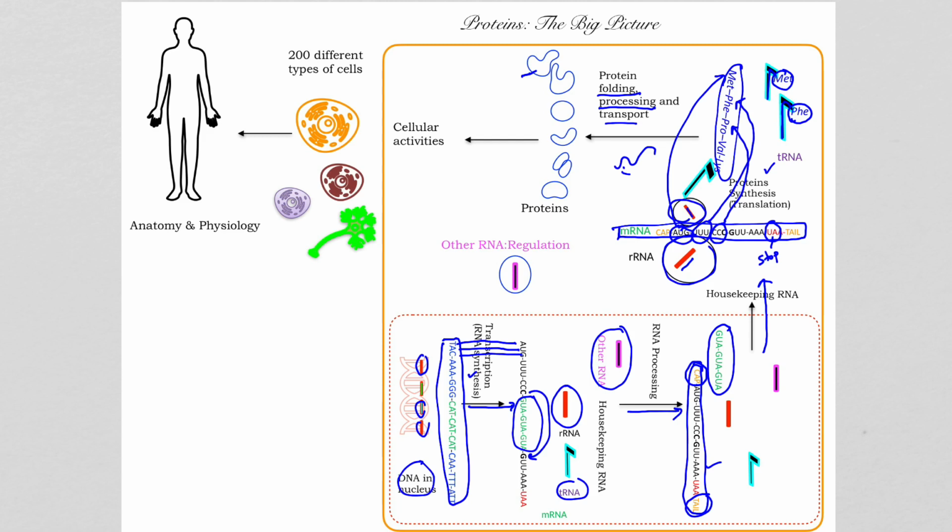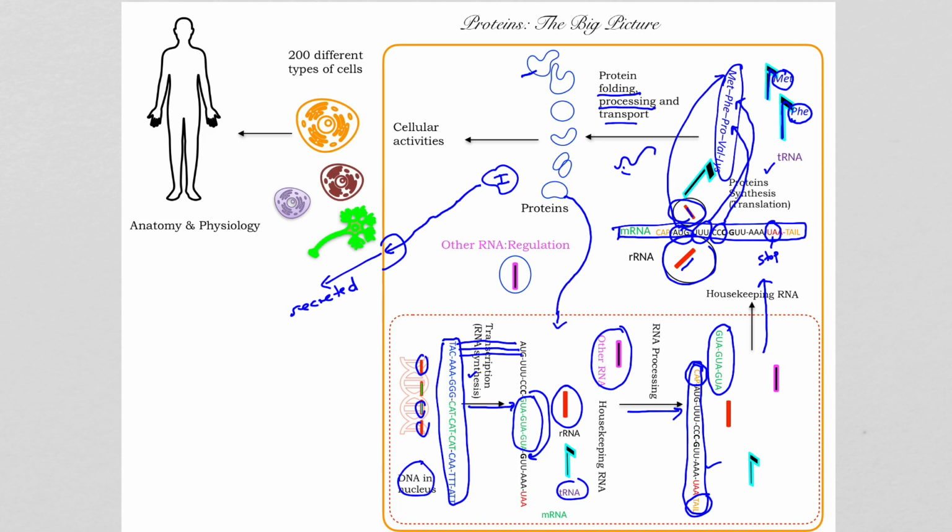So for example, if this protein was insulin, insulin is stored in the beta cell of the pancreas, and at appropriate times it will be secreted out of the cell by exocytosis. So it depends on the function of the protein. It's located where it carries out its function.